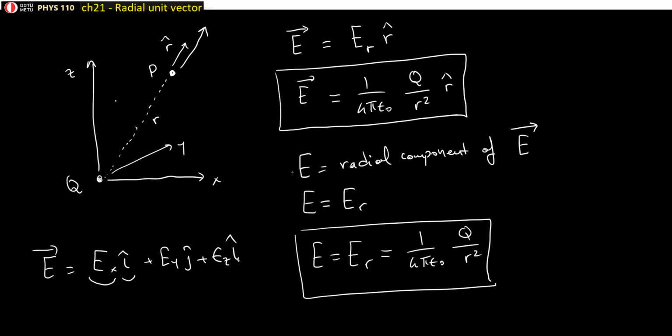Otherwise, if the charge is negative, the electric field vector is pointing in the radially inward direction, which corresponds to the fact that the electric field vector is anti-parallel to the radial unit vector, or we say that the radial component of the electric field is negative in that case. Understanding that relationship is very important, because usually instead of using this notation, I'm going to use the component notation.